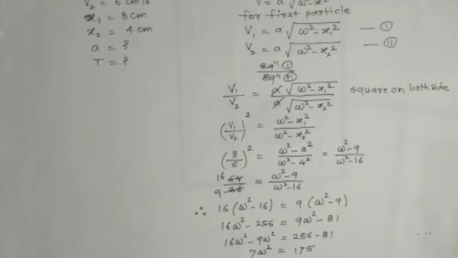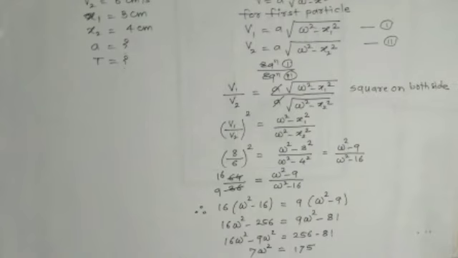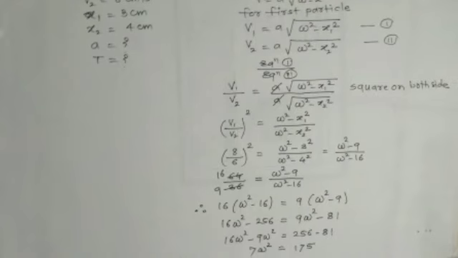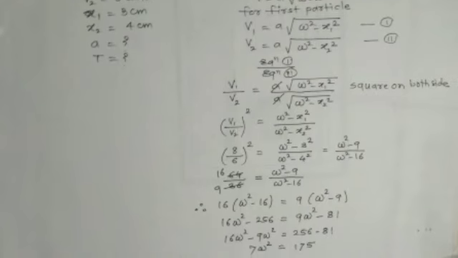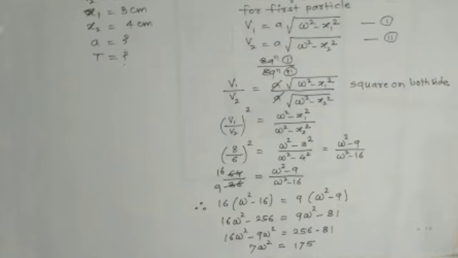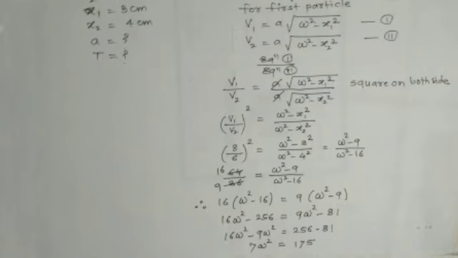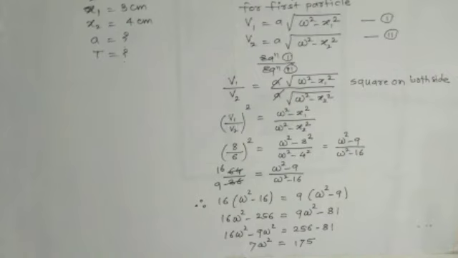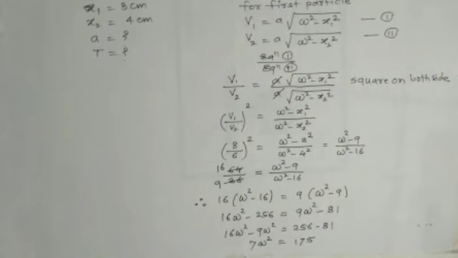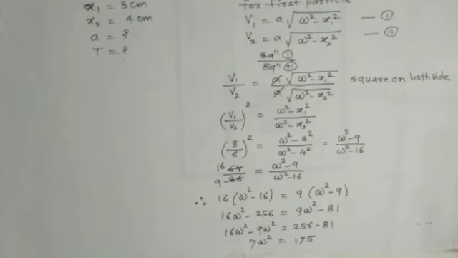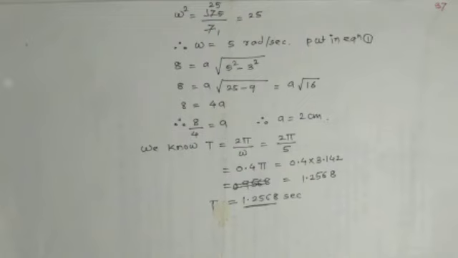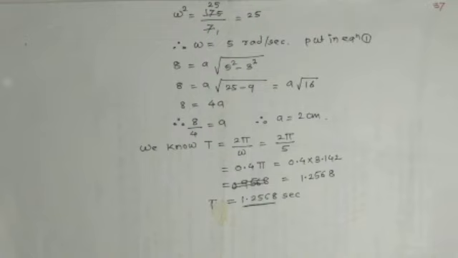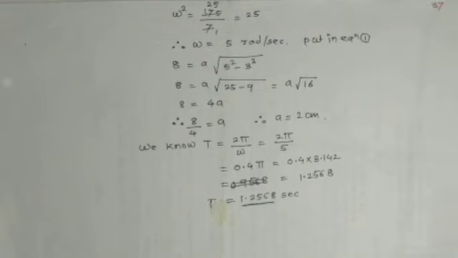Their division, 16 upon 9 equals omega square minus 9 upon omega square minus 16. If we calculate, the answer will be 7 omega square equals 175. Omega square is equal to 175 upon 7. If we divide, it is 25. So omega equals 5 radian per second.